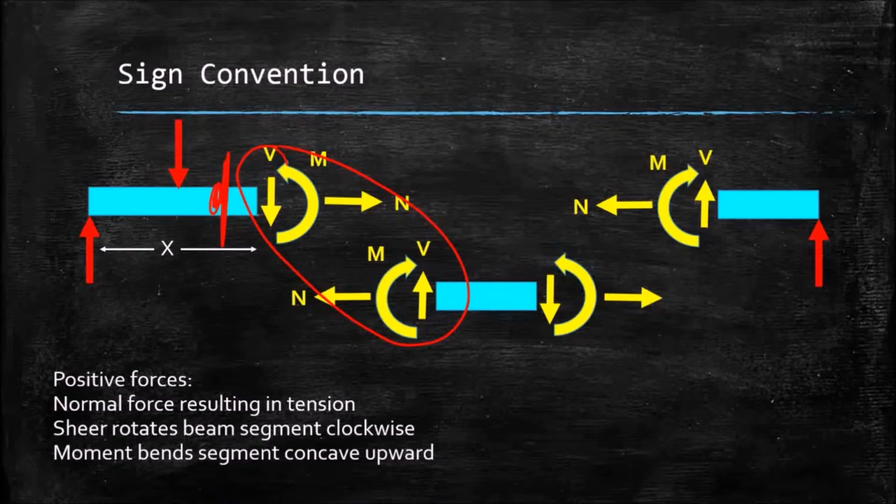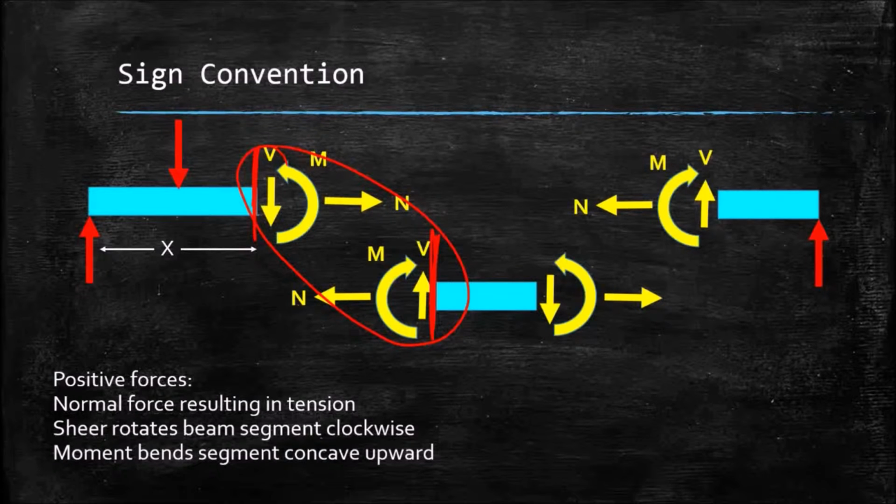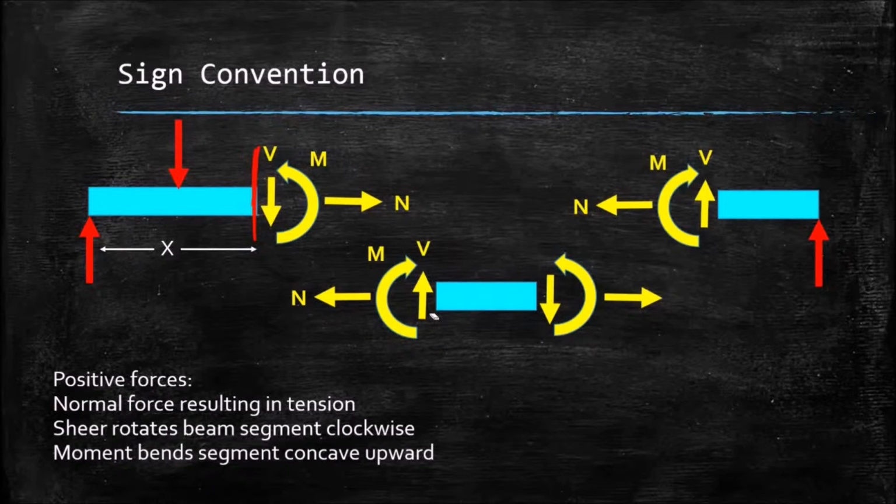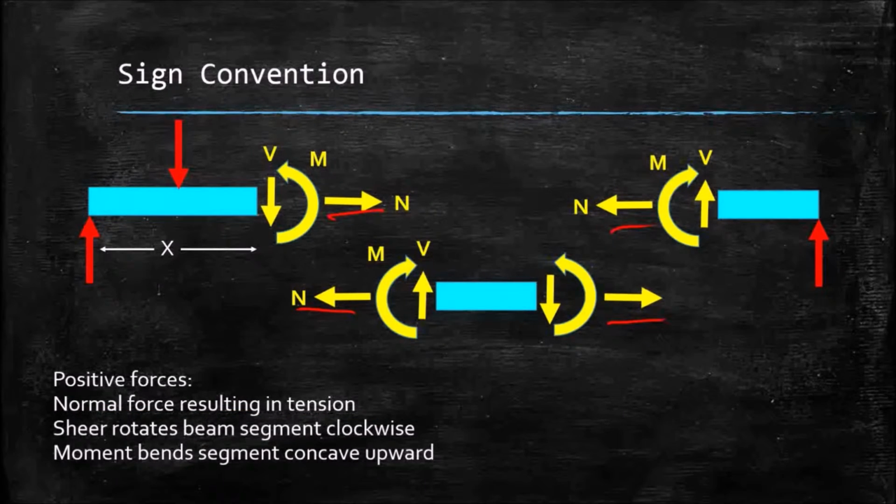For these two pieces, as they touch, we have to draw those forces in equal and opposite directions to satisfy Newton's laws. As they're drawn, these are all positive forces, so our convention says that any normal force resulting in tension is a positive force. So all these are positive normal forces.